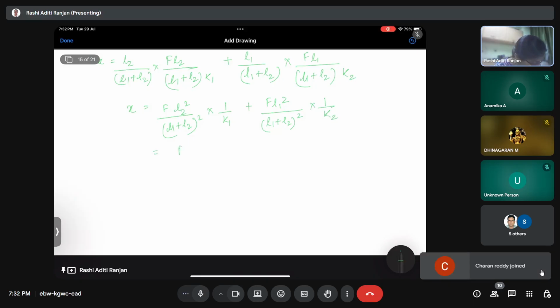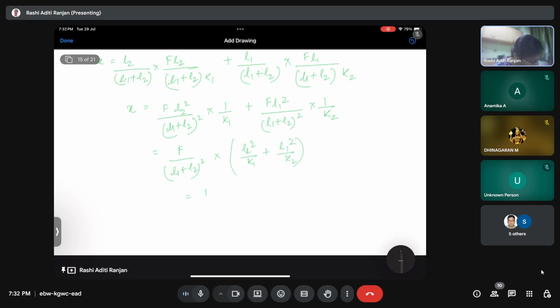This will give us F by (L1 plus L2) square into (L2 square by K1 plus L1 square by K2). This will finally give us F by (L1 plus L2) square into (K2 L2 square plus K1 L1 square) divided by K1 K2. This will be equal to X.